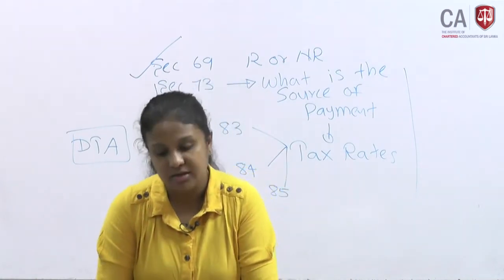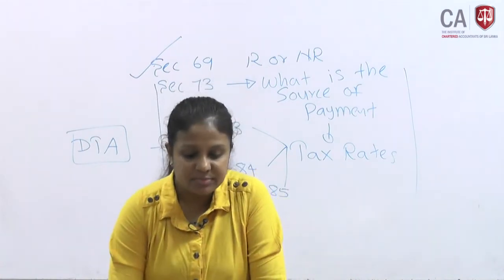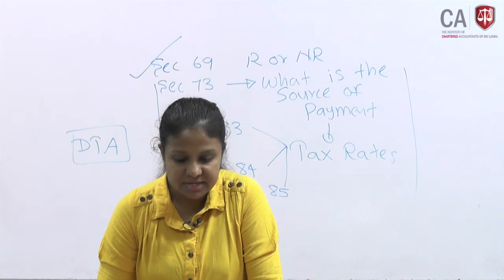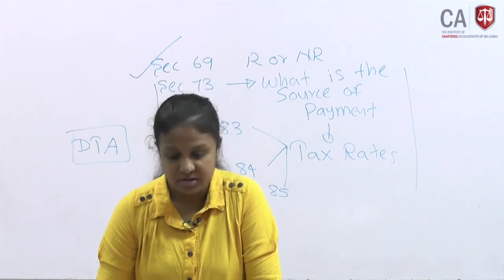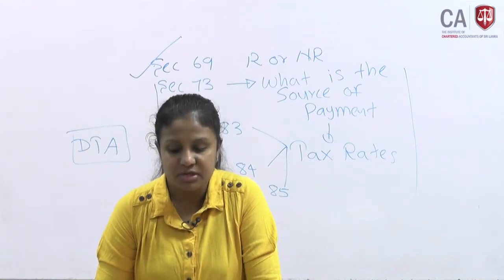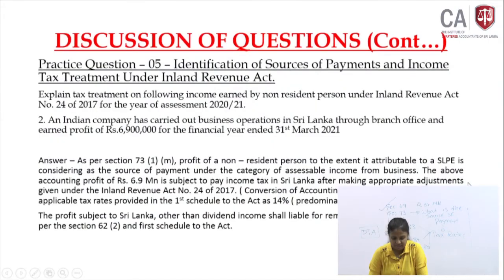Now we will look at our answer. As per section 73(1)(m), the profit of a non-resident person, see the wording, to the extent it is attributable to a Sri Lankan permanent establishment is considered as the source of payment under the category of assessable income from business.